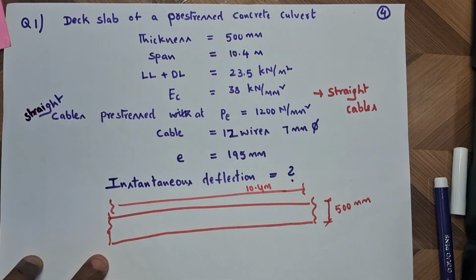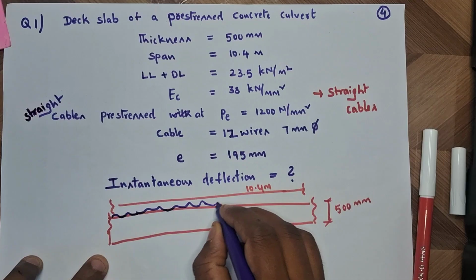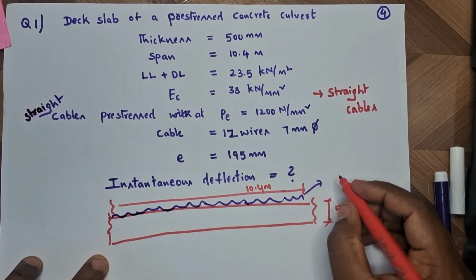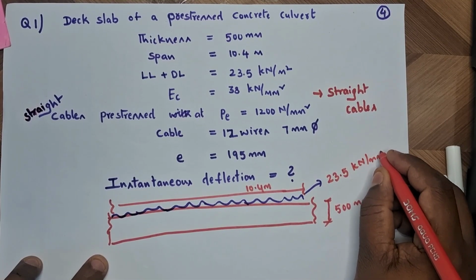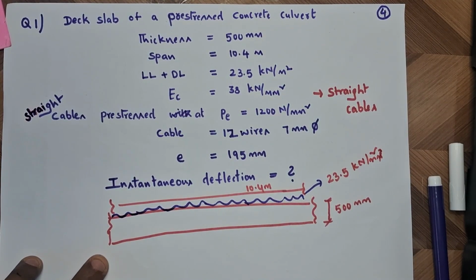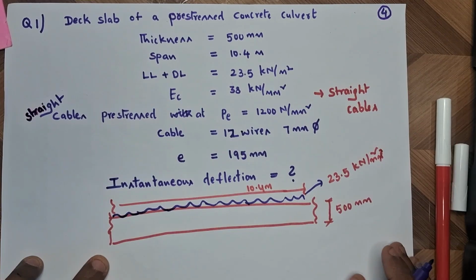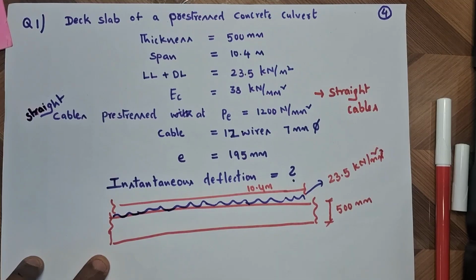And it is having the load of 23.5 kilonewton per meter square. Next, modulus of elasticity is 38 kN per mm square, and they used 12 wires of 7 mm dia at an eccentricity of 195.